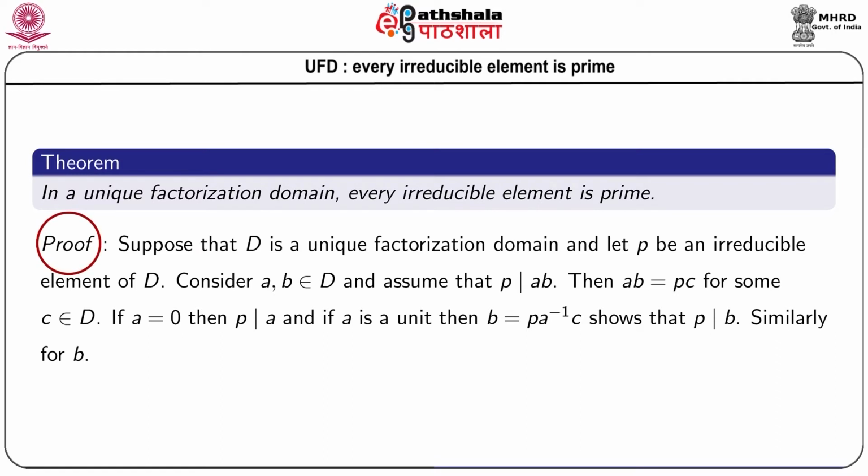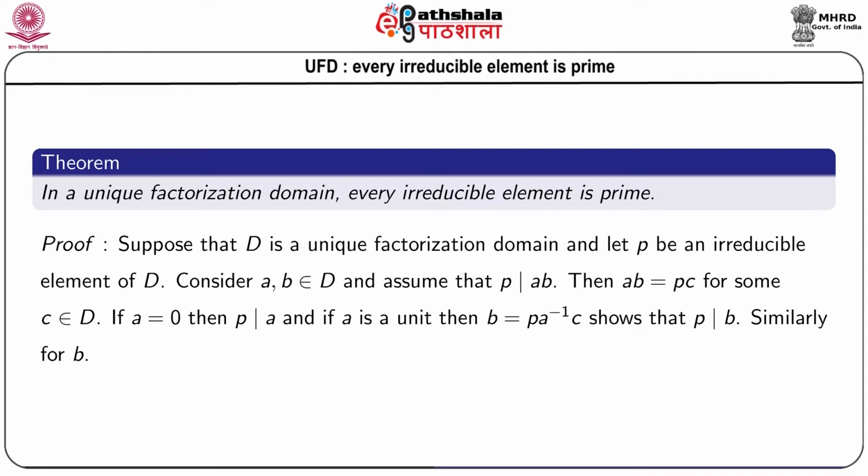So, to prove that every irreducible element is prime, let us consider an irreducible element P from D. To prove that P is prime, suppose that P divides AB. We are to show that either P divides A or P divides B. Since P divides AB, we have some C in D such that AB equals PC.